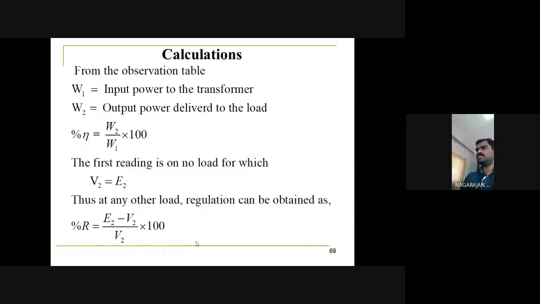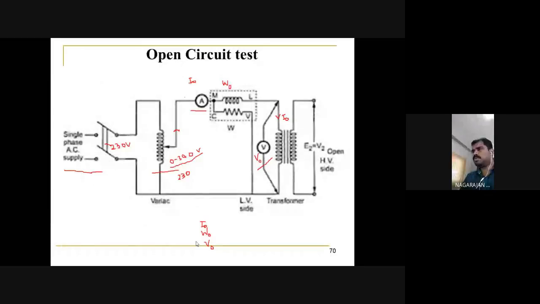We perform the open circuit test on the low voltage side. The reason is we are performing this test up to the rated voltage, and if the rated voltage is small, it is easy to perform in a lab atmosphere. In the laboratory, producing a high voltage to test the transformer is difficult.